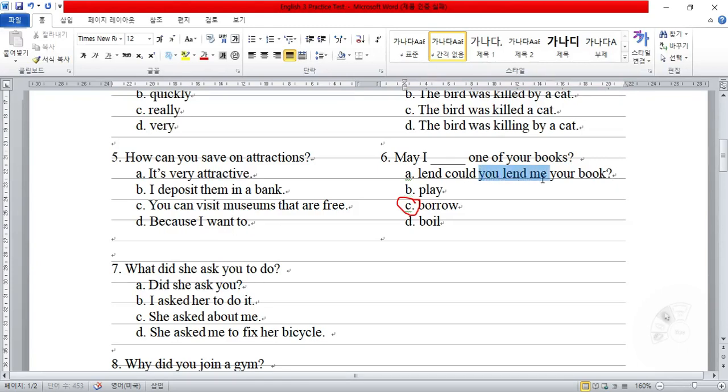So you lend me. Okay, so you are going to give me your book. Okay. Borrow, may I take one of your books? Okay. So give and take are generally the same. That might be an easier way to remember it.